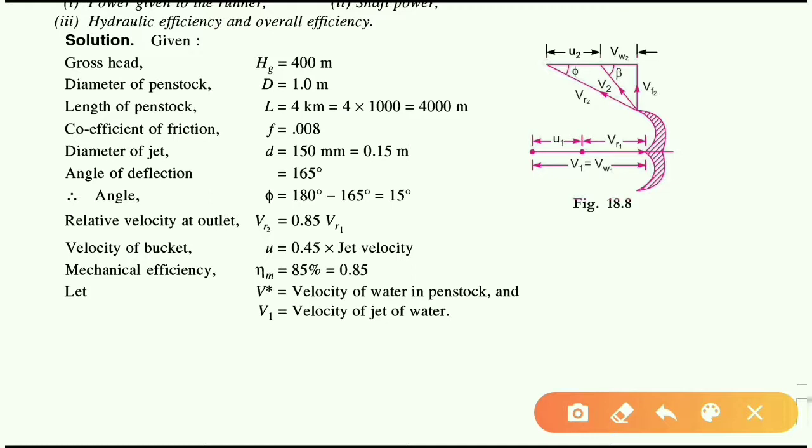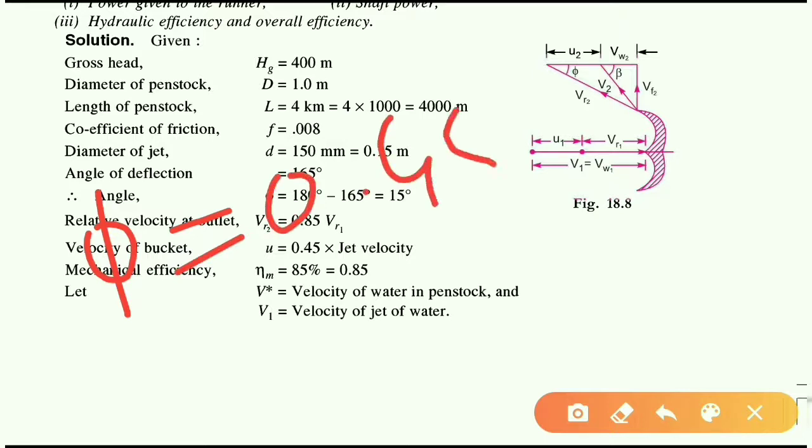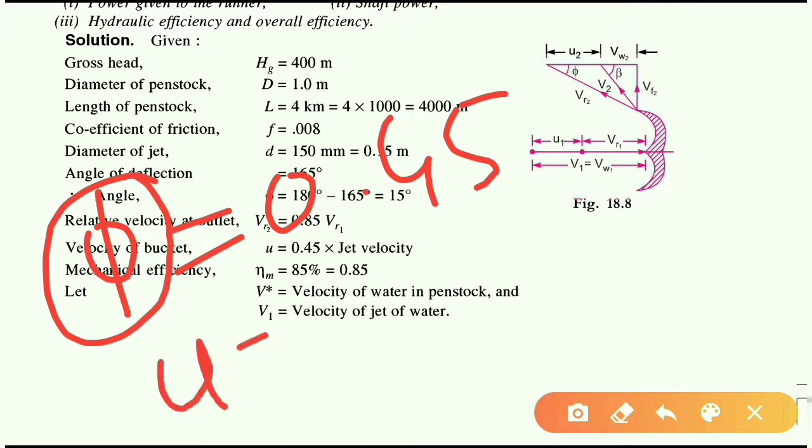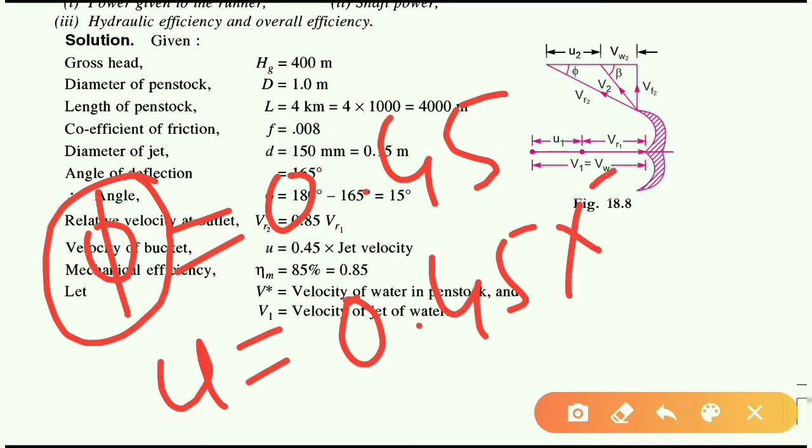Velocity of the bucket is equal to 0.45 times the jet velocity. So here the speed ratio is given. Speed ratio is phi, given as 0.45. Means the tangential velocity at the inlet can be calculated by 0.45 multiplied by the jet velocity.